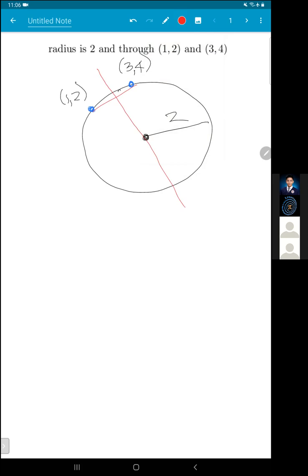And you can get the midpoint, and you can get the slope of the chord here, and thus the slope of this line. But we are not given any equation of a circle at all. To be able to use this, you need another equation. So we have to resort to another method. Anyone else?